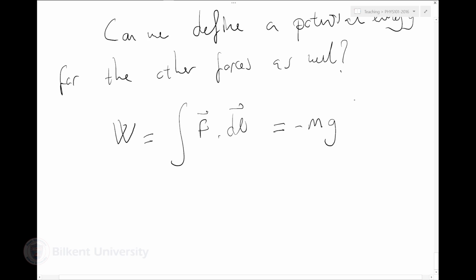So basically this was minus the gravitational potential at the final point, Ug final, minus Ug initial. But that was a pretty special case.